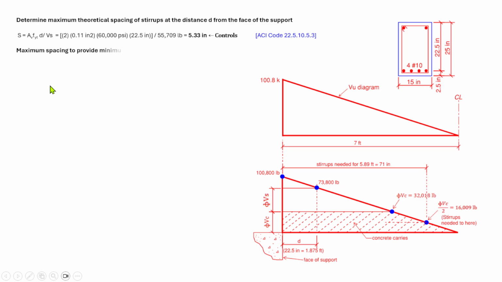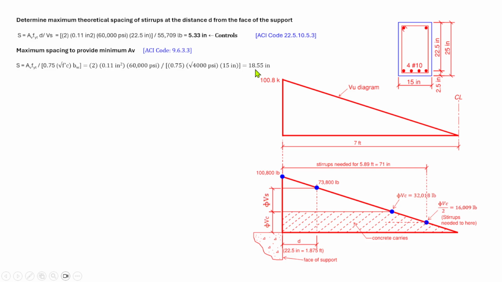The next one is to calculate the maximum spacing to provide minimum Av, or transverse reinforcement, based on the ACI code section 9.6.3.3. The equation we have is s is equal to Av times fy over 0.75 times the square root of f'c times bw, the width of the beam. That is 2 times 0.11 square inch times 60,000 psi over 0.75 times the square root of 4,000 psi times the width, which is 15 inches.